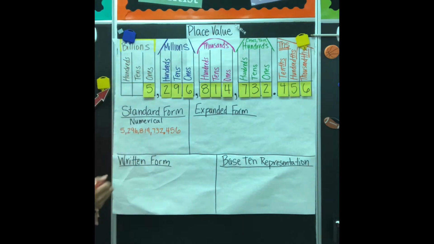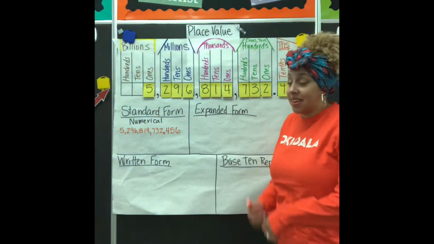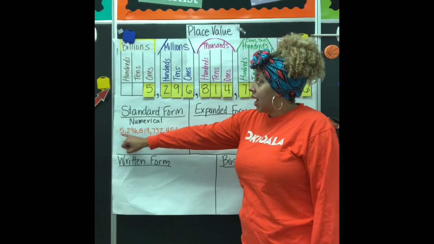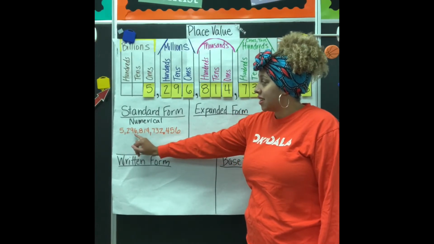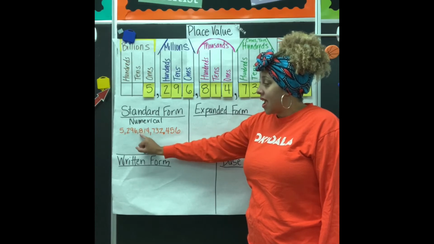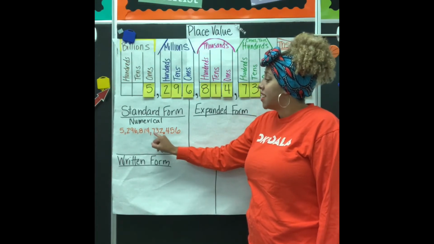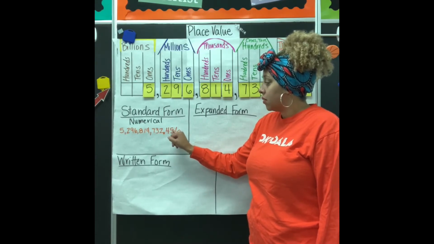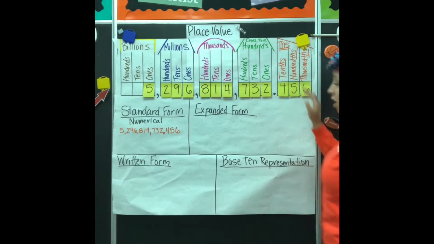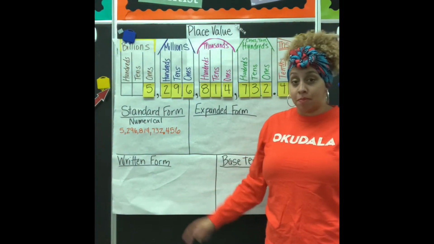So there's our number written in standard form. When you practiced how to say it, did you get it correctly? Let's find out. It is 5,296,814,732 and 456 hundredths. So that's how you would say it. We're going to talk more about it when we get down to this written part.